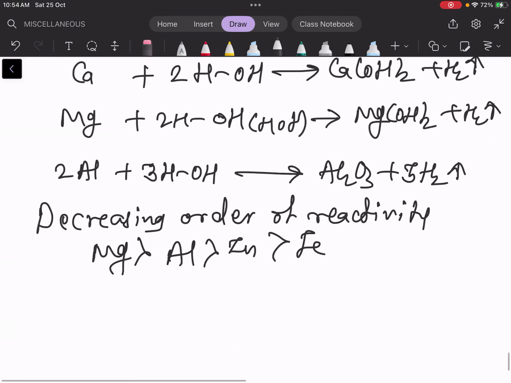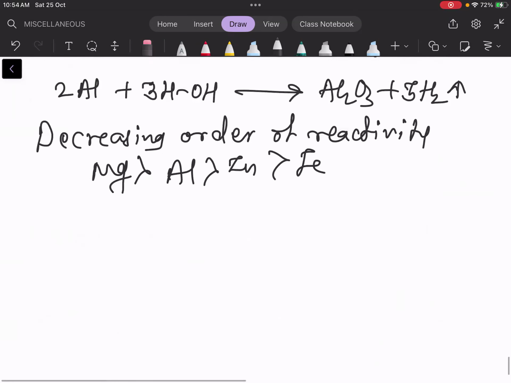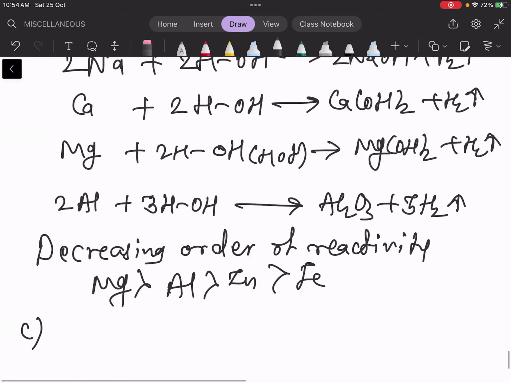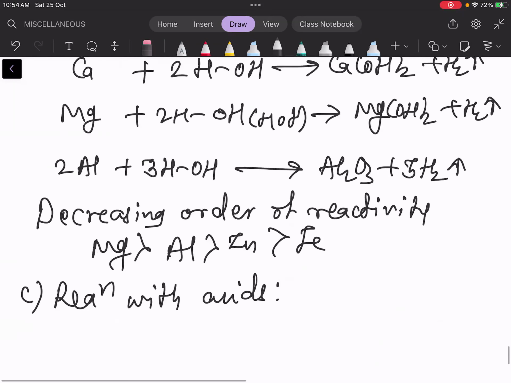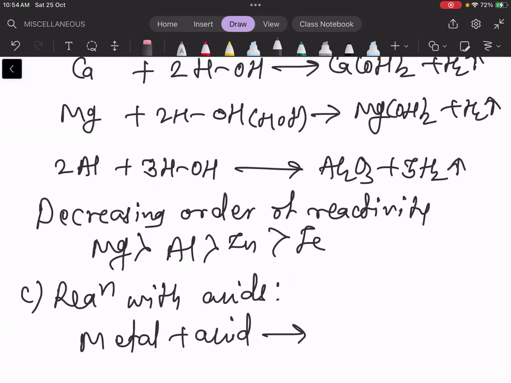The reaction of metals with acids. Metal combines with acid forming salt plus water.